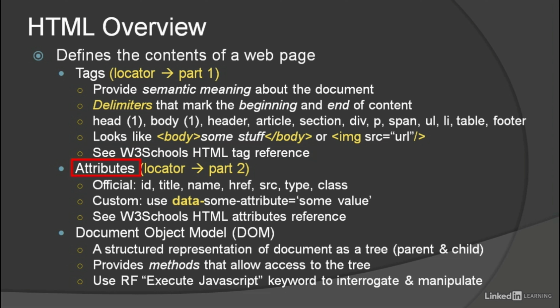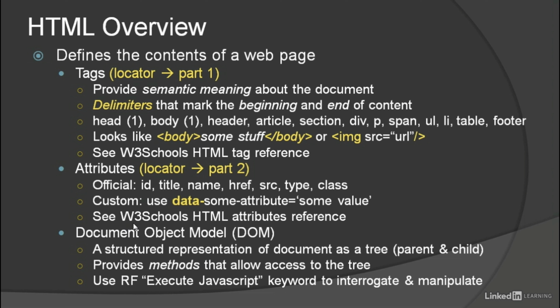Attributes are bits of information that we put inside the angle brackets of the tags. And these attributes are part 2 of our locators. So when we get to the point we're talking about CSS and XPath locators, we're going to be talking about tags and attributes. So it's very important that you know and understand the difference between these things. There are some official attributes that can be included in some of our tags.